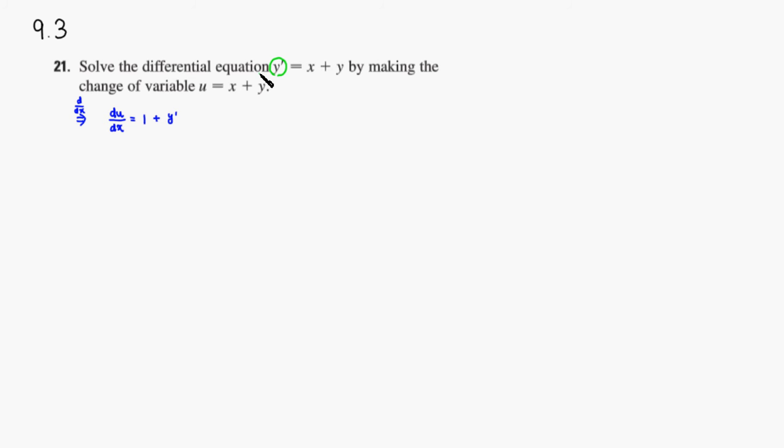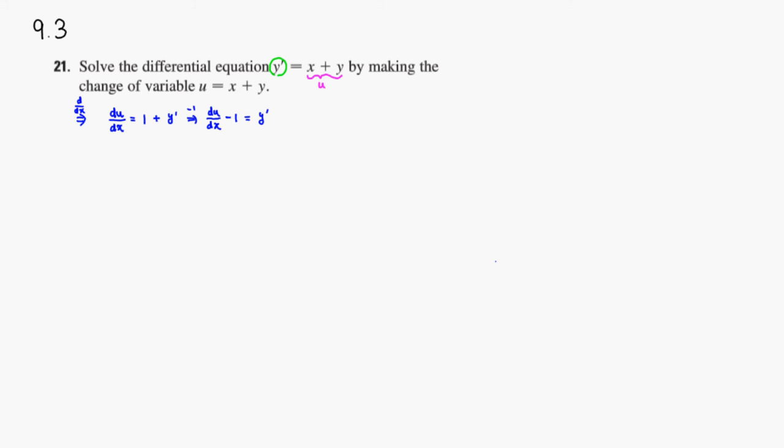When you have that, then we can start rewriting the original differential equation. Maybe I'm going to solve this for y prime, by subtracting 1. So you have du over dx minus 1 is equal to y prime. Also, by the substitution, we know that the right hand side of the original differential equation is simply u.